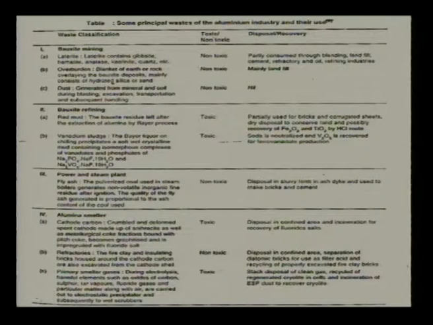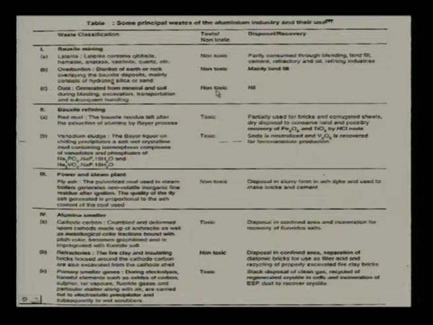Now, it is a bit difficult to read, so I will quickly go through this and end the lecture here. You just listen to what all things. It actually gives some principal wastes of the aluminum industry and their use. People have looked at it and found there are uses for it. In bauxite mining, laterite, which contains all kinds of minerals, the overburden that has been taken out from the top, this dust, all these are coming from bauxite mining.